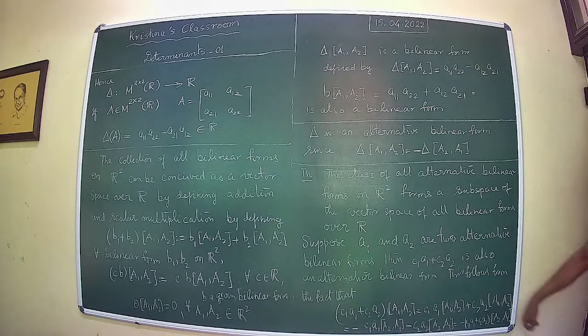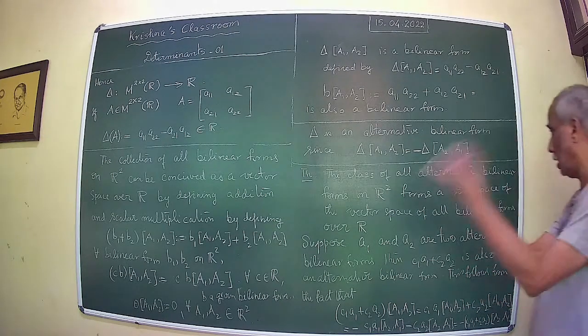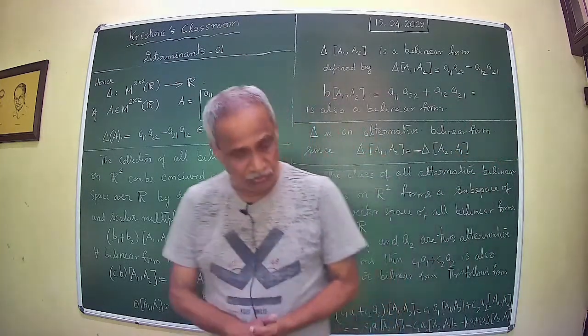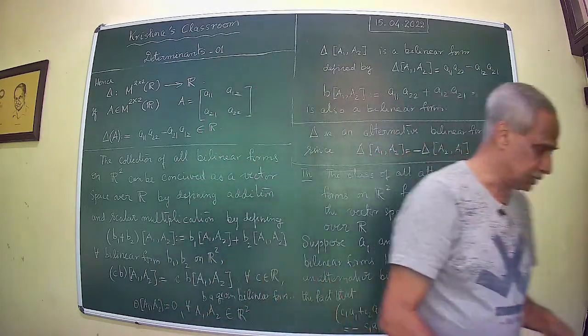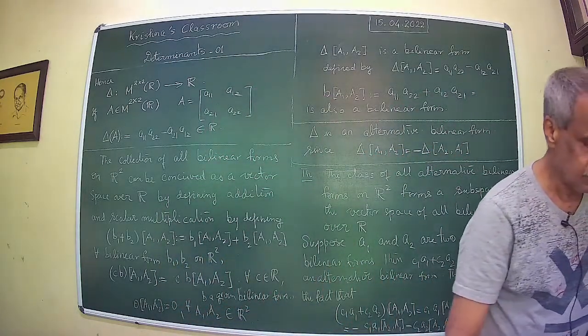Therefore, you can easily see that the collection of all alternating bilinear forms on R2 forms a vector space.